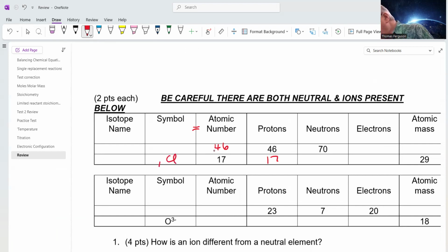So that's 17 on the bottom, and atomic mass is 29. That would be chlorine 29.